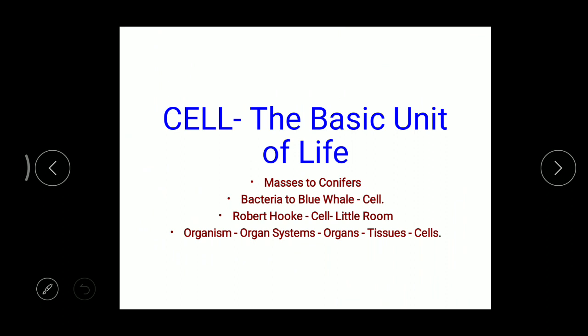See, already in the first class, we learned about the lesson, the cell as the basic unit of life, and let's make a quick revision.